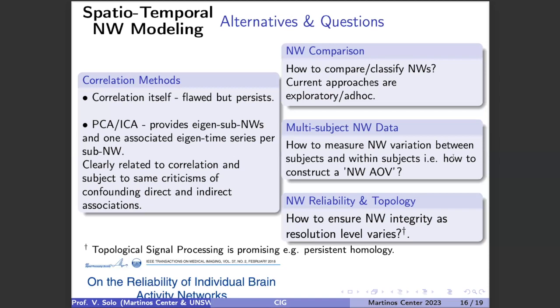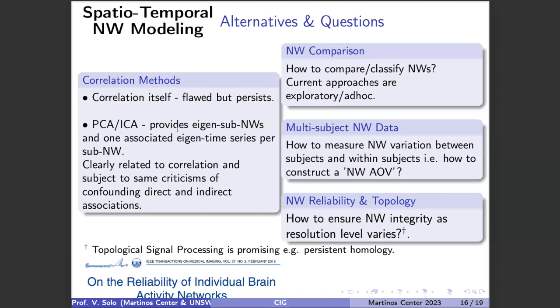But what are we doing currently? Well, we already talked about correlation, still dominates. Then there's PCA, ICA. You basically get a collection of eigen time series and eigen spatial maps, if you will. And then, of course, you then threshold these eigen maps, and that gives you some networks.